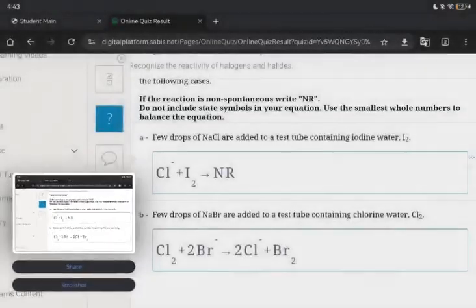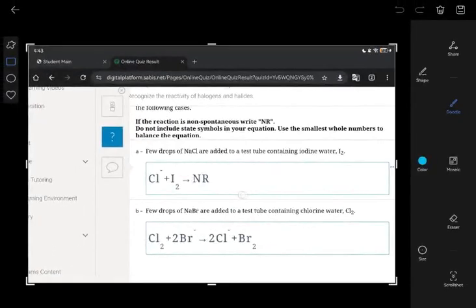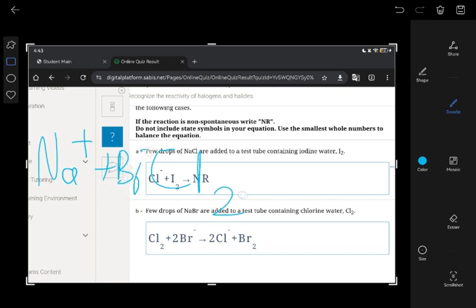Here it's different. Okay, so you have Cl2 plus Na+ Br-, yeah? Remember the general equation. X2 plus 2Y- gives you 2X- plus Y2. So which one here is more reactive? Cl.